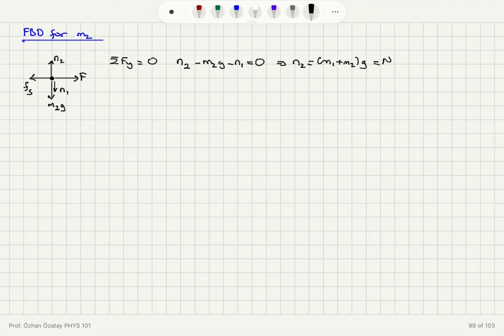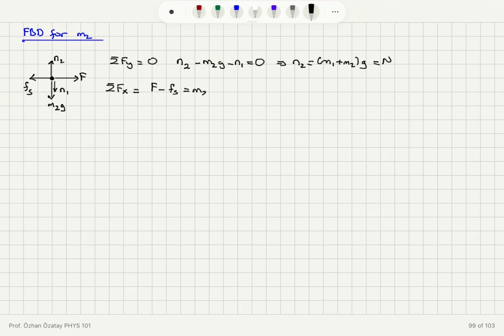Okay. And the net force on the x-axis must be equal to m2a, which is F minus static friction. This must be equal to m2a, and the static friction force we know must be equal to m1a from the free body diagram for m1.